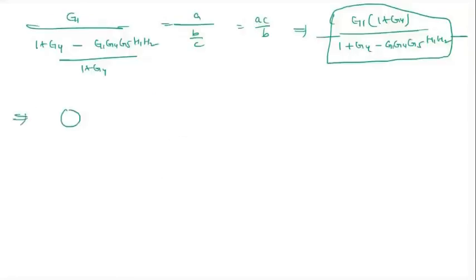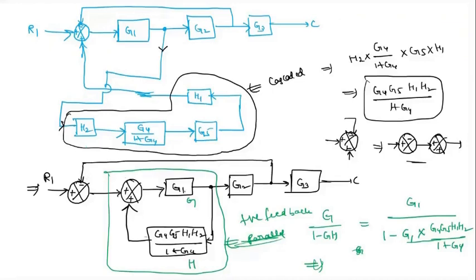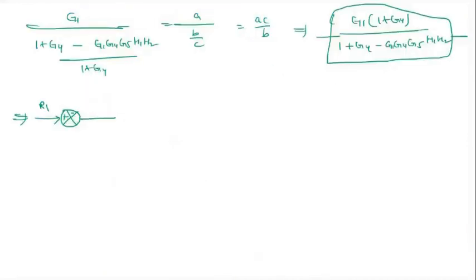The resultant block diagram can be written as: again plus minus, R1. In this block, I'm going to write this one completely: G1 into 1 plus G4 by 1 plus G4 minus G1, G4, G5, H1, H2.